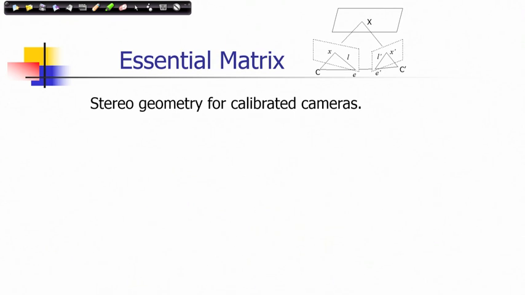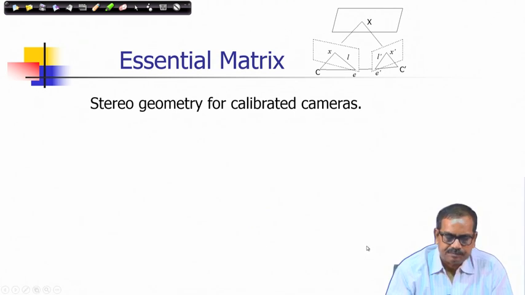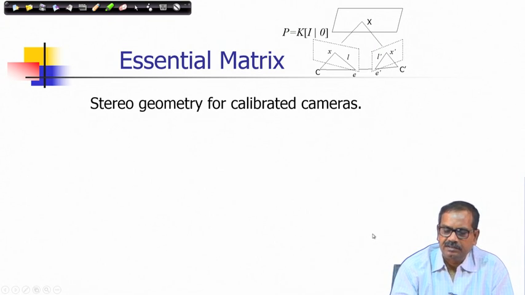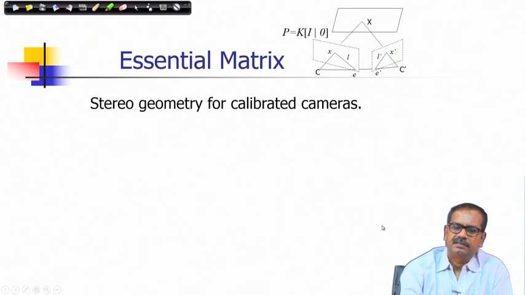Now, in this lecture we will further elaborate the properties of this essential matrix. In brief, it can be called stereo geometry for calibrated cameras. In this case we represent the projection matrix as K[I|0].